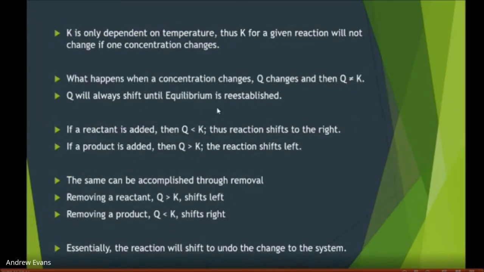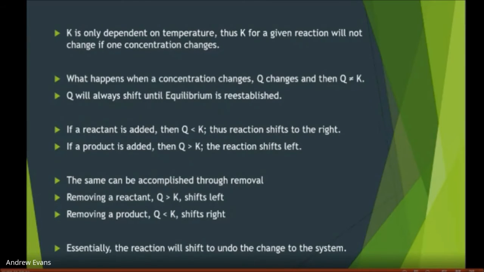Now, K is constant for a given reaction at a given temperature and will not change if we change a concentration. So the idea here is what happens when I change a concentration? Q is our ratio of products to reactants. If we add only one thing, if I add to the bottom, what happens to Q? Well, if I increase the bottom, the denominator, Q would go down.